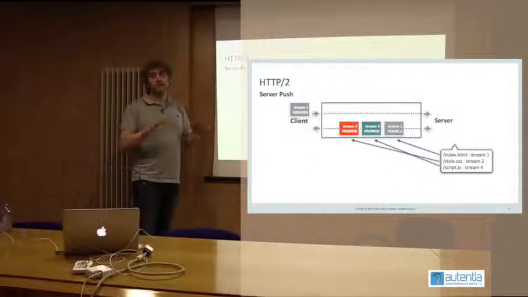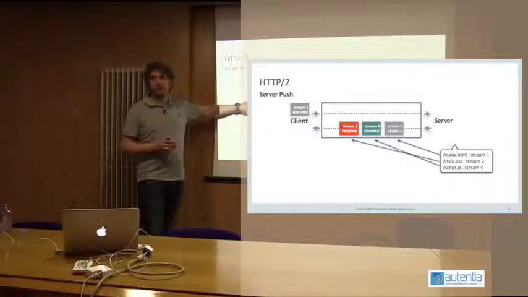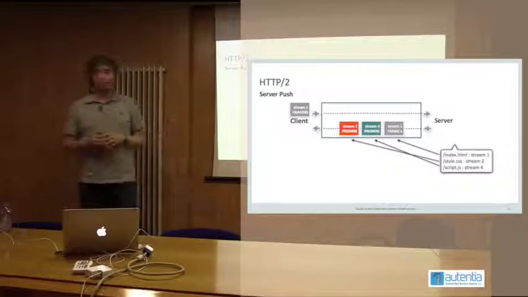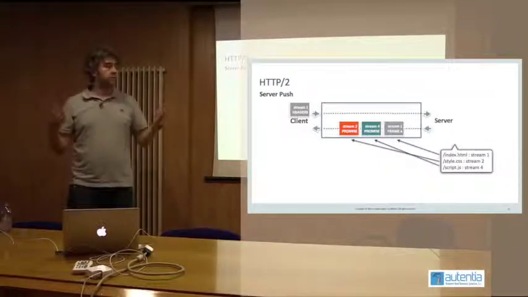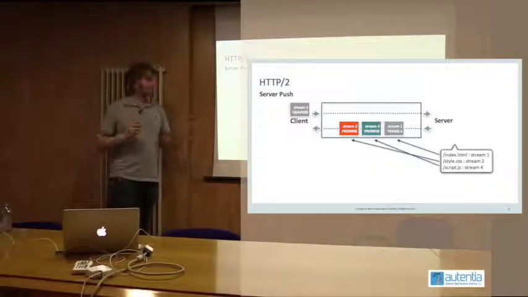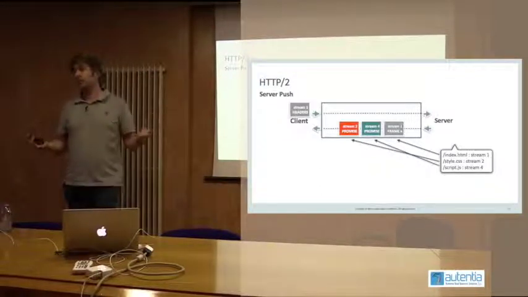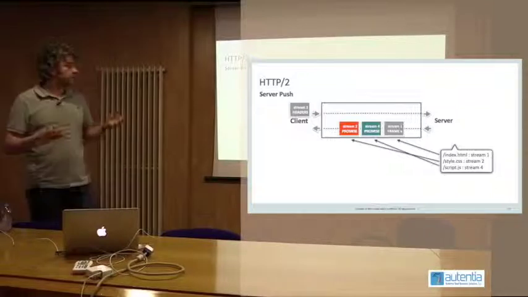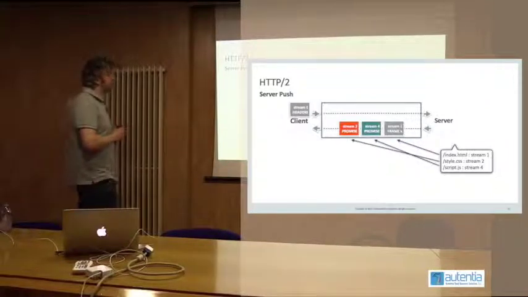The client can decide to refuse them. I mean, if they are already in the cache, the client will just cancel those streams. So it will basically say, no, I don't want them. And obviously, at some point in time, the server will also push the actual file which has been requested in the first place, so the HTML file.